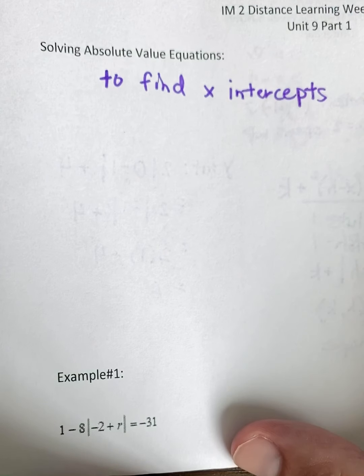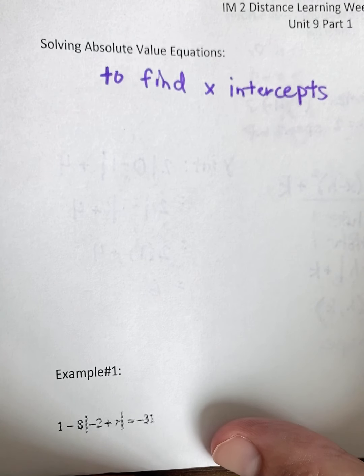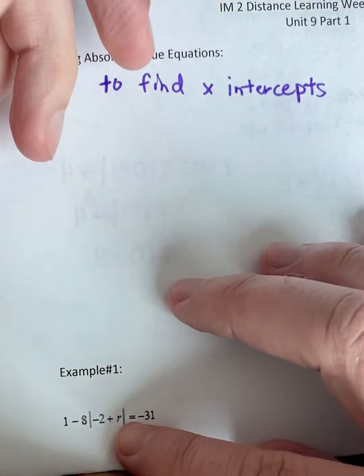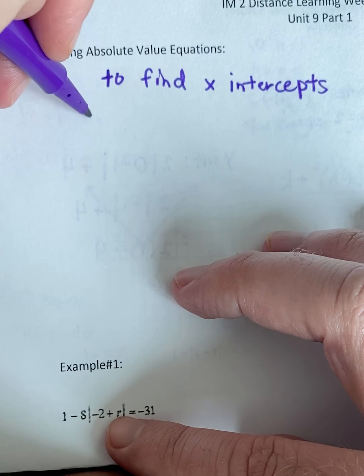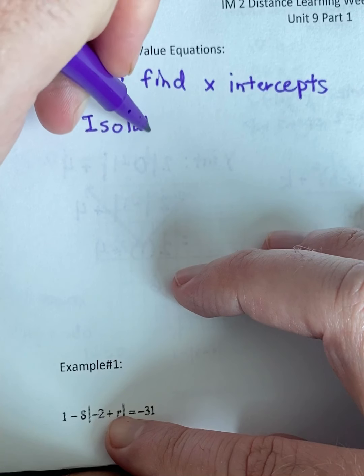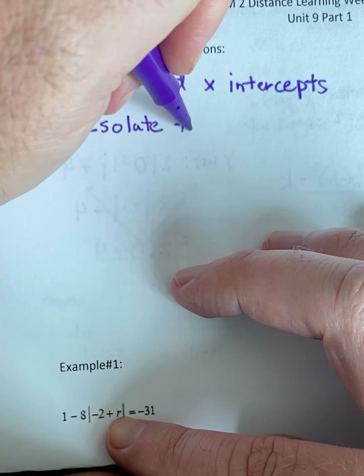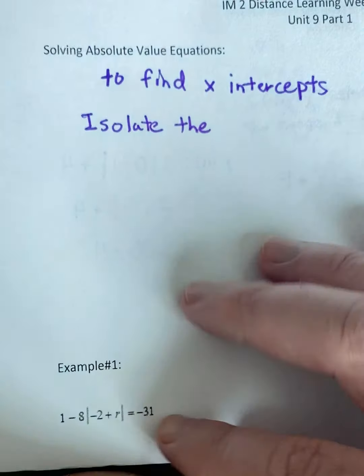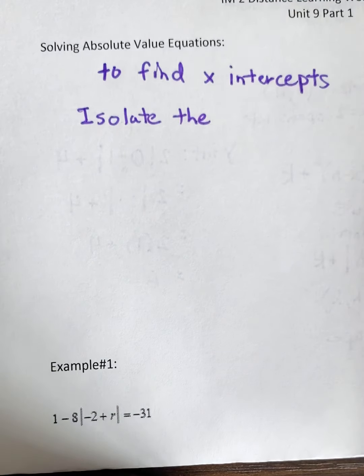Okay, and as you saw in the front, there are a few steps to it. The first step is to isolate the absolute value. So get whatever is inside the two bars by itself.